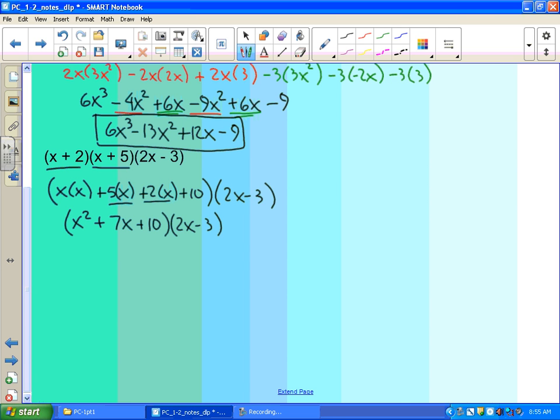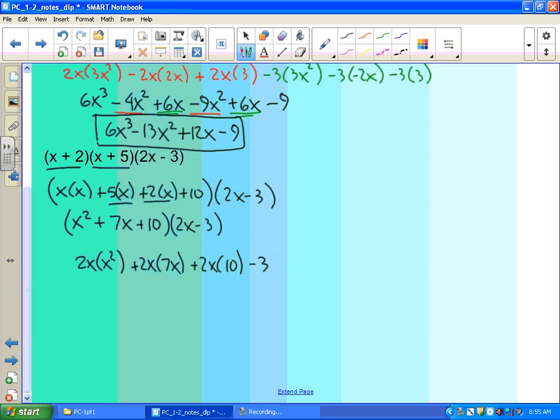And then now each term in the binomial multiplying by each term in the trinomial. So I'd have 2x times x squared, 2x times 7x, 2x times 10, and then the negative 3.